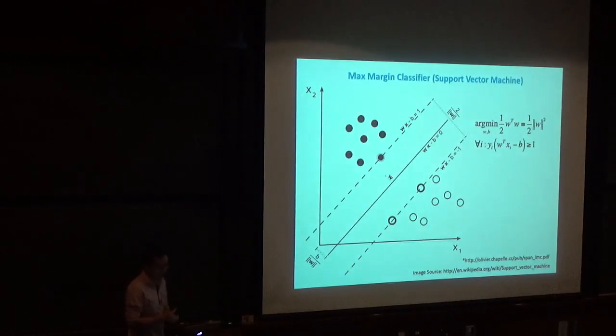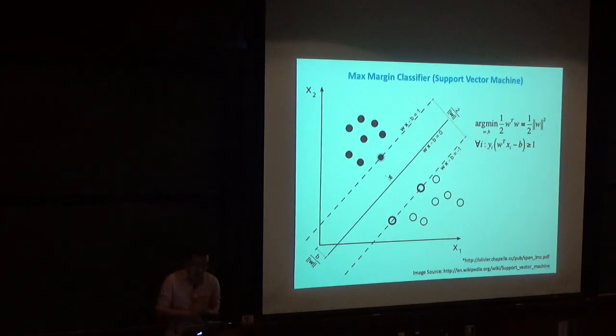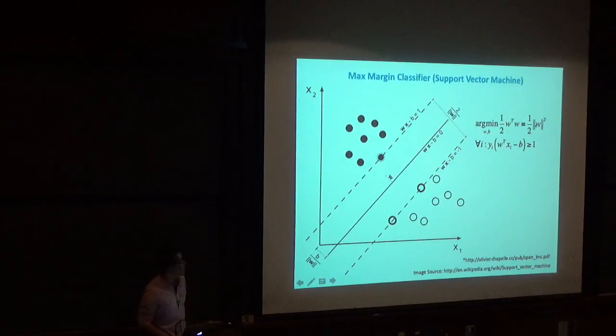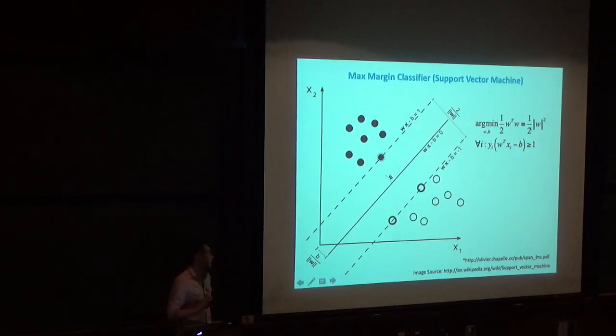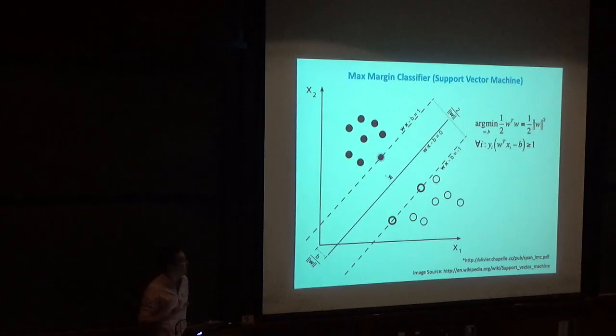So this is the formulation of a support vector machine, also known as a max margin classifier. And here is the idea. We are going to find the W and B that minimizes the squared 2 norm of W, and I'm going to multiply it by a half. This is common convention simply because once you get into the nitty-gritty of the formula, the half makes certain interpretations easier to do.